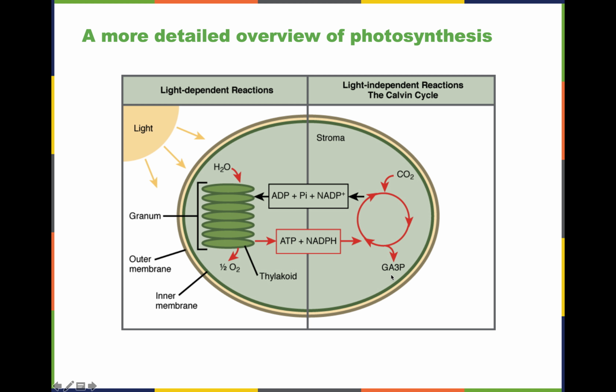In the summary reaction, one of the products was glucose, but this GA3P is going to go out later and be turned into glucose in the plant cell. But in the Calvin cycle, the sugar product is actually a 3-carbon molecule called G3P, or some will call it GA3P.